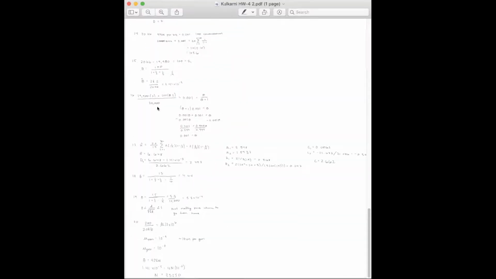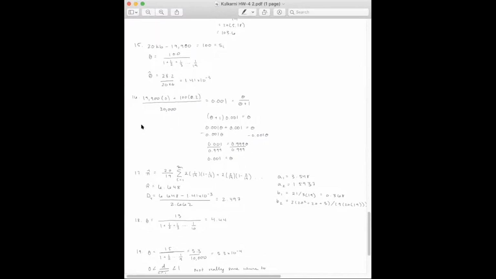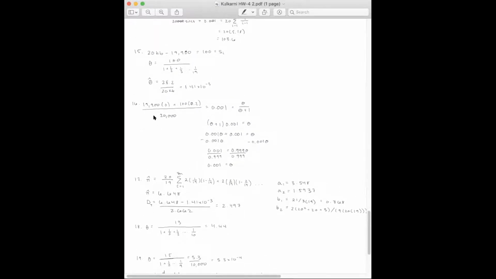Okay. So for 16, all I did was multiply. They said that there was 0 heterozygosities at the 19,900 other sites. And so at the remaining 100 sites, there was 0.2, and I divided it by all of the base sites to get our H hat.